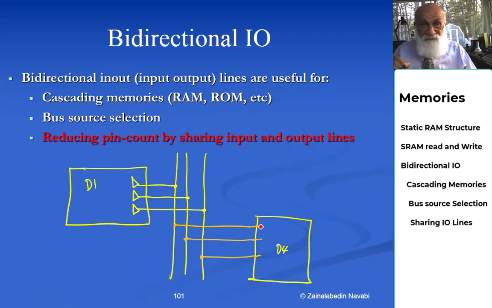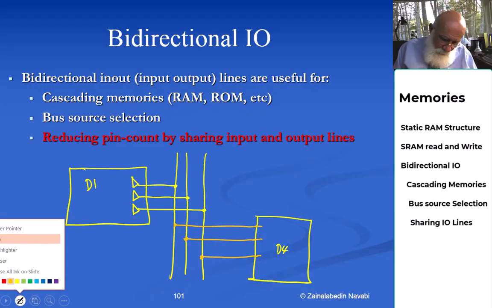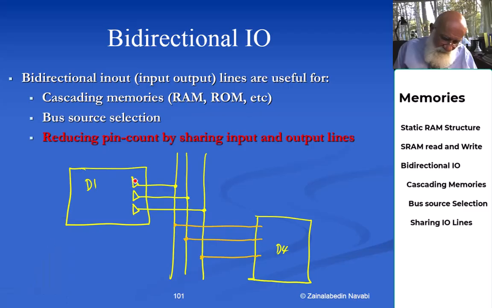Okay, but then device 4 also requires some time to put data on the bus. Device 1 has a select that becomes 1 to drive the bus.